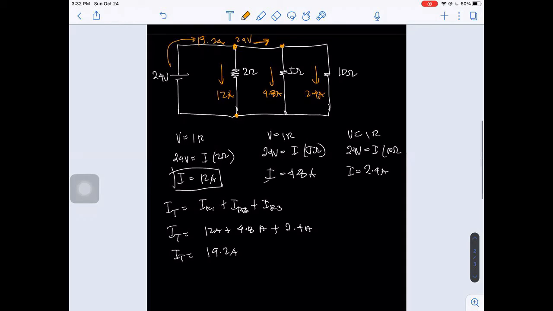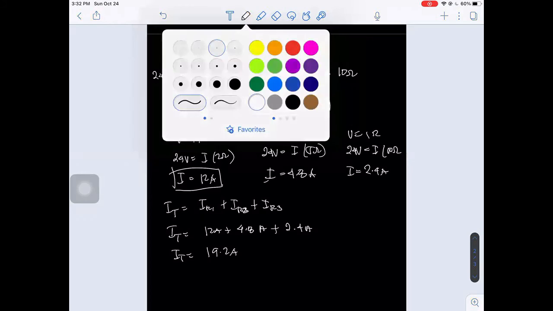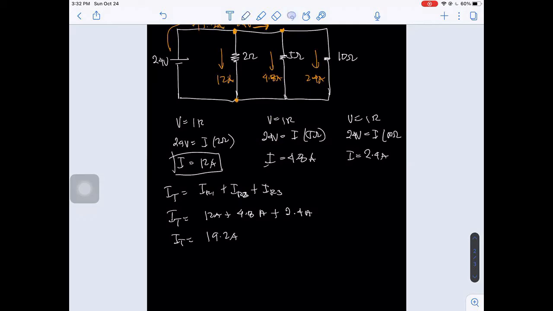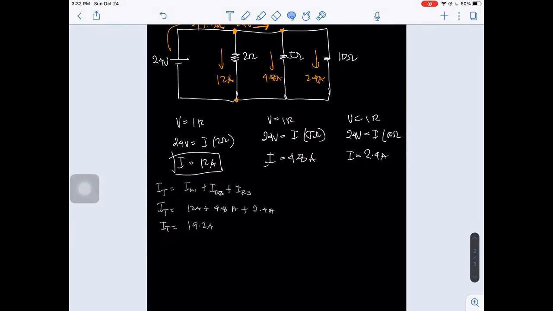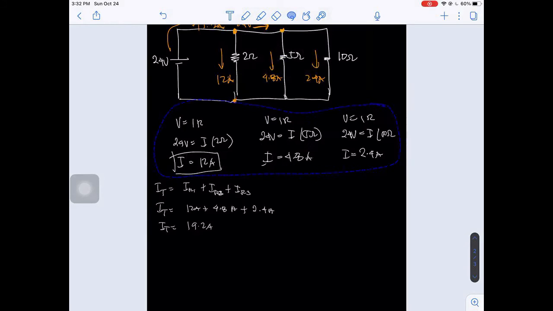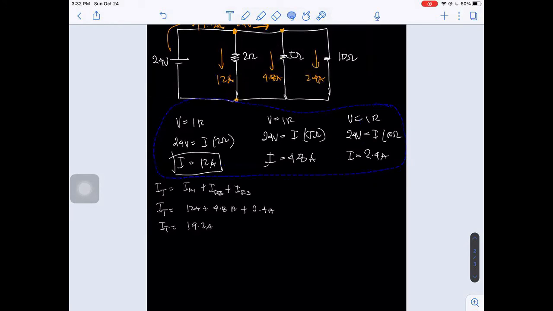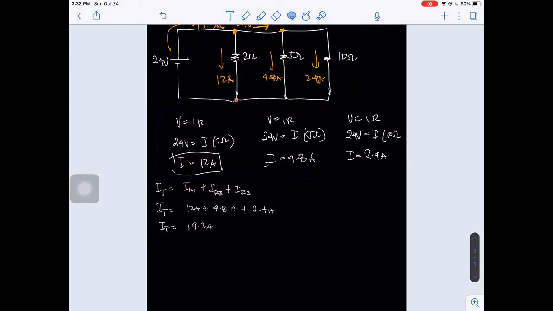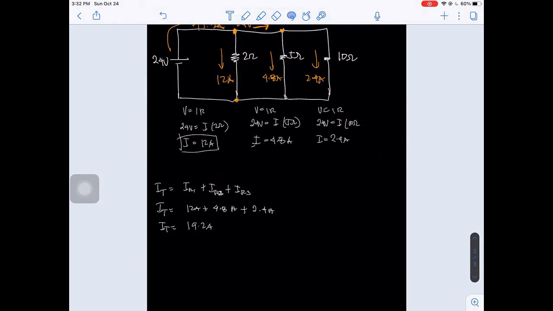So to find the equivalent resistance, we can use the V equals IR formula, since we already have the total current that is flowing in the circuit. So we have 19.2 ampere as the total current. So let's resize this one to have more space.